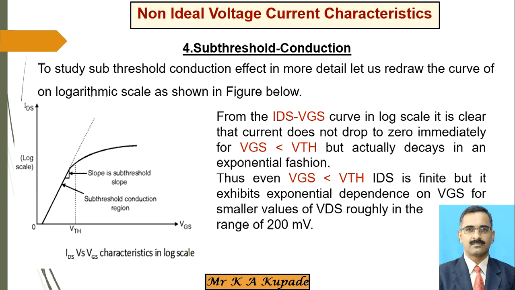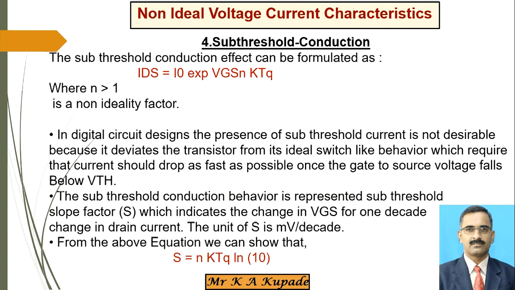Okay, remember that. Now, the sub-threshold conduction effect can be formulated as IDS equal to I0 exponential of VGS over nKT/q, where n is greater than 1 and is a non-ideality factor.